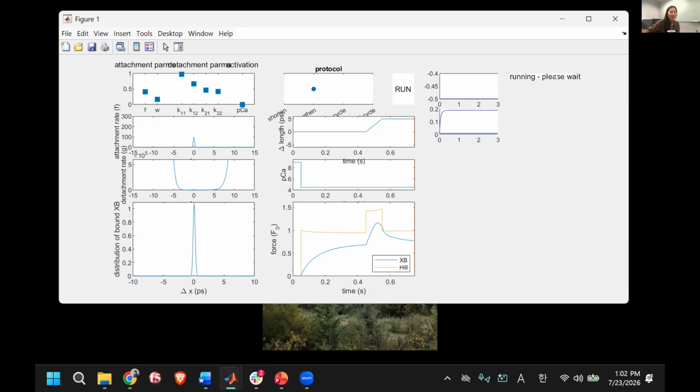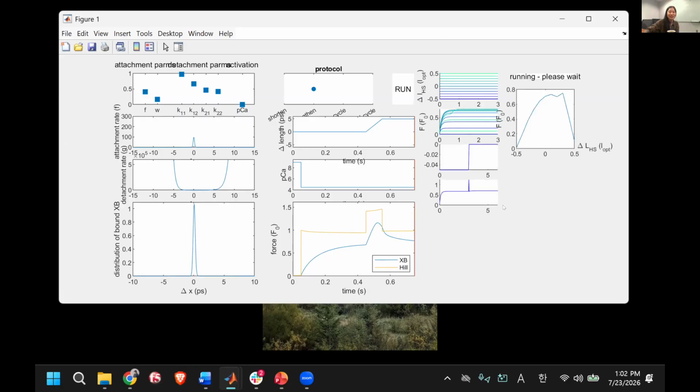So when you click it, what it does is that it will simulate the cross-bridge force at multiple muscle lengths and simulate the isometric force. So you are seeing the force on the graph here. And then also it will simulate the force velocity curve by pulling the muscle at different velocities.